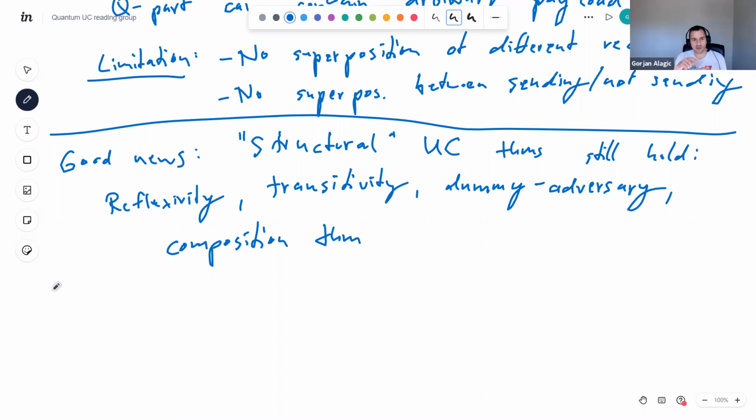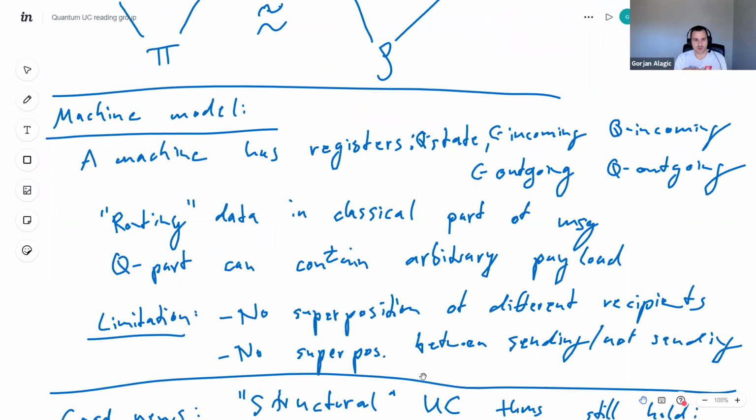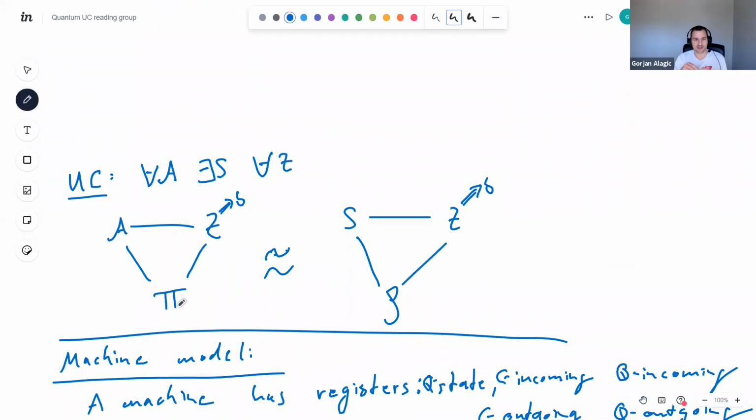Can you say again which wires you were talking about? In your picture at the top, there's a wire between the adversary and the protocol, and then a wire between the environment and the protocol. And you've declared that all those wires are quantum. But we could also imagine applications where the wire between A and pi is classical, but the wire between Z and pi is quantum.